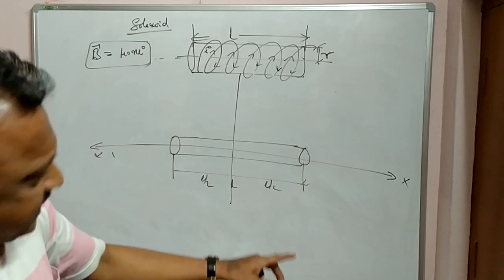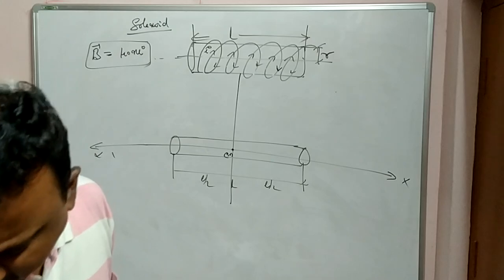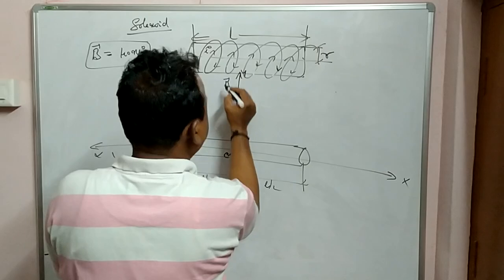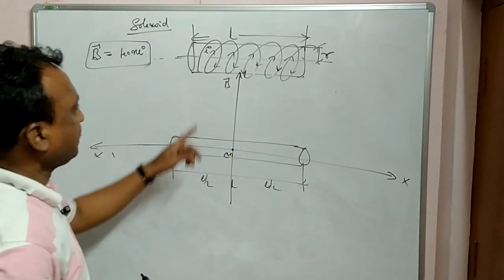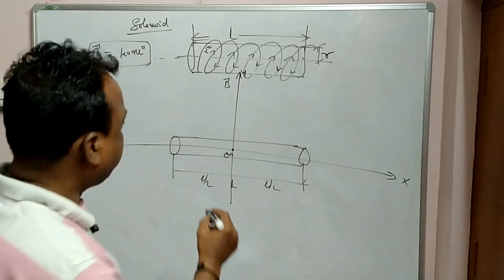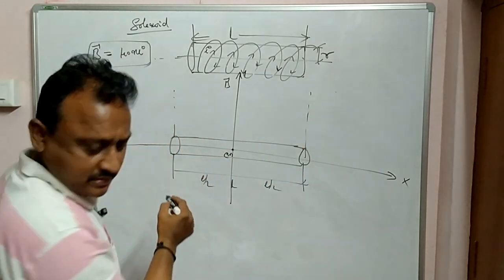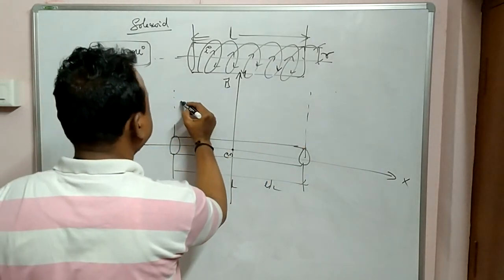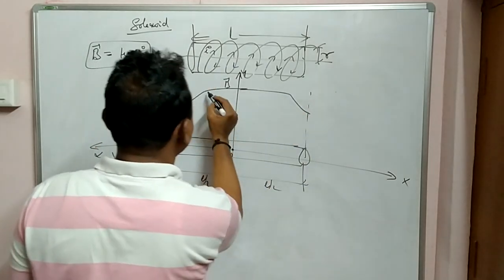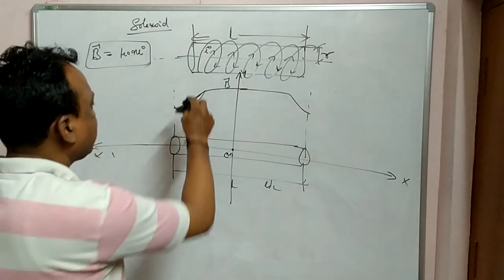Now this is the center point, the origin, and x is the distance. Here y is the magnetic field B, and this is x. If you observe carefully, at the edges the value becomes half, and at the center it is maximum. Roughly it will be in this fashion. This is the graph for the solenoid.